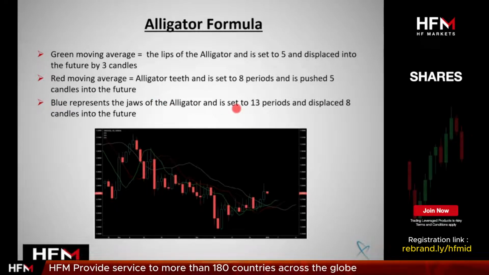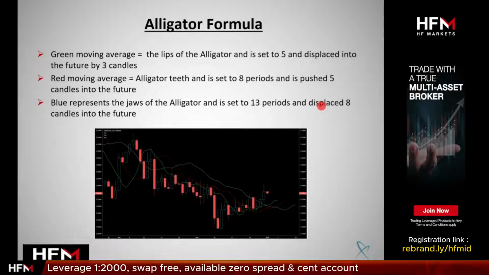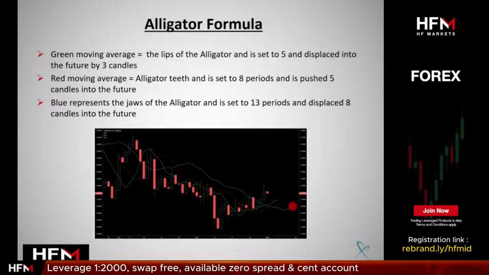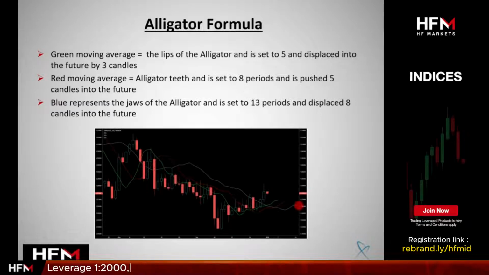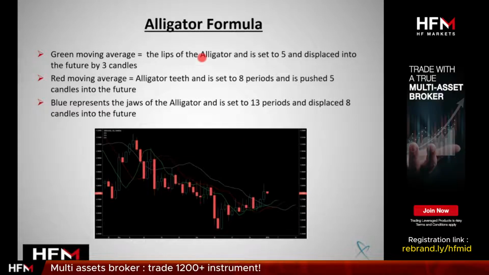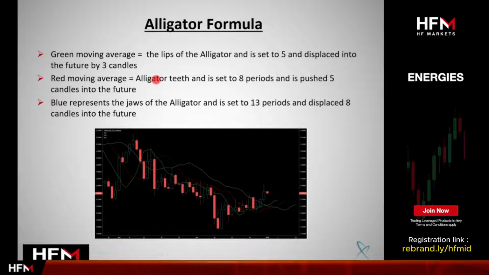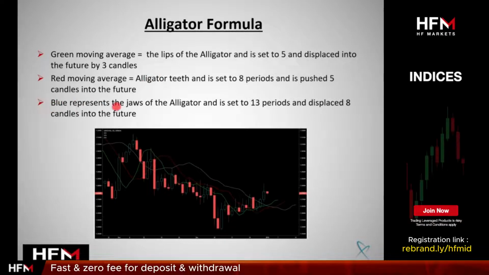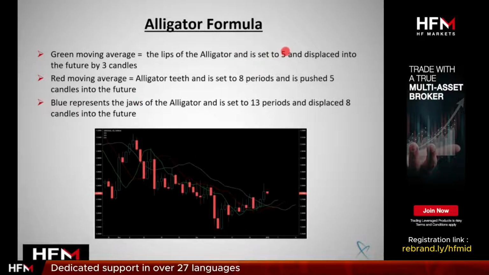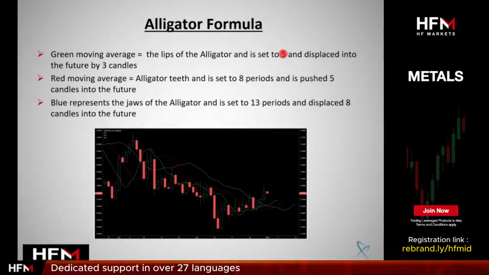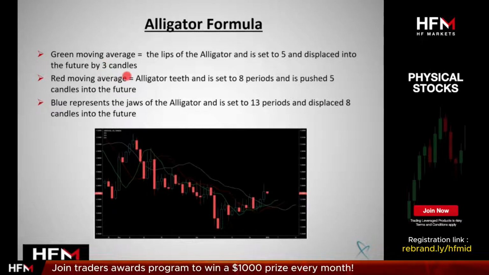It is set to 13 periods and displaced 8 candles into the future. You can see that here in the picture. So green is the lips of the alligator, the red one is the teeth, and the blue line represents the jaws, all of them having a somewhat different period and a different displacement into the future.